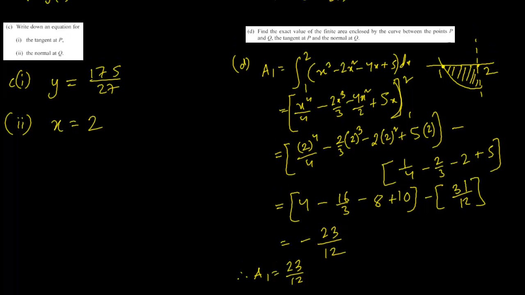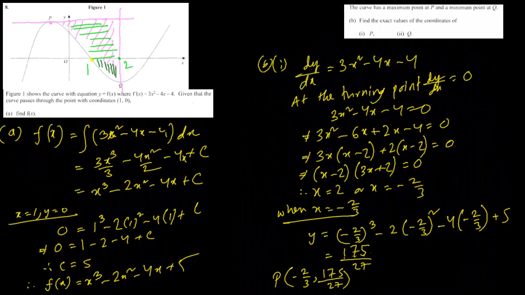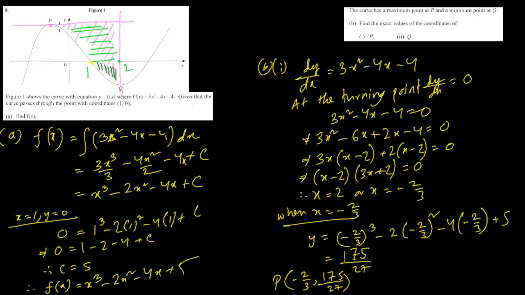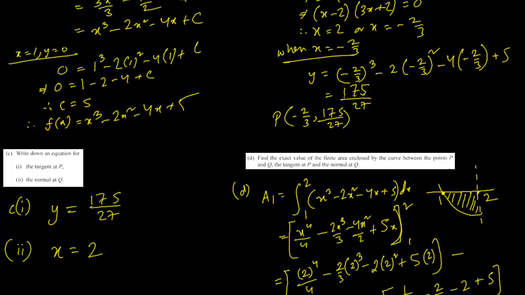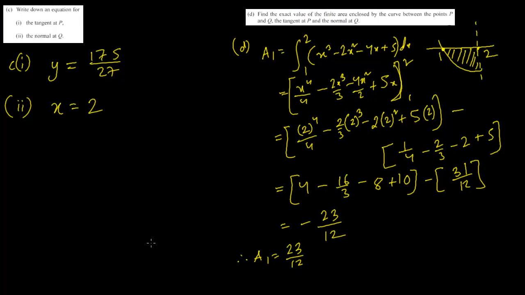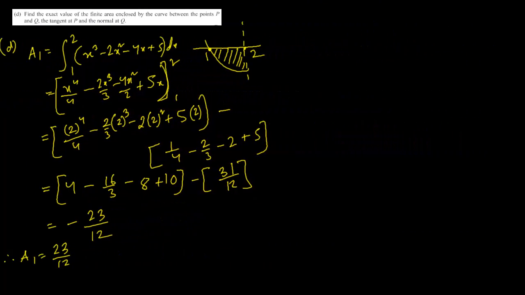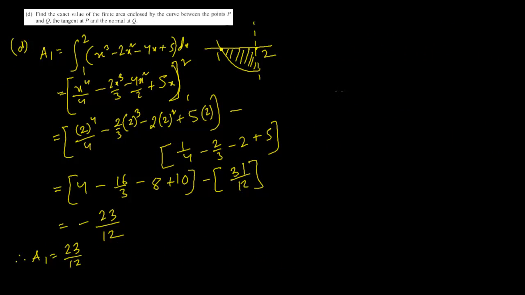Now let's take a look at the upper region. This region is bounded by a line, a curve, and the x-axis. We can consider this vertical line as the limit all the time. So let me draw this. Here the region is like this.